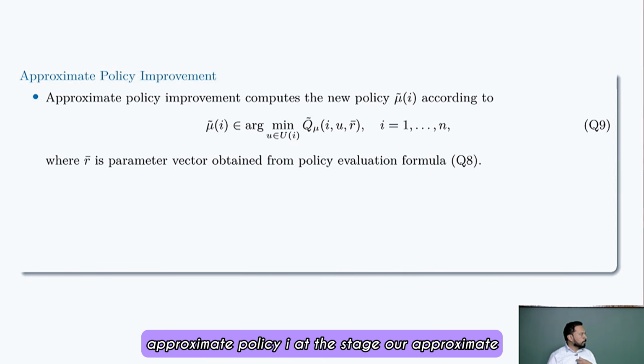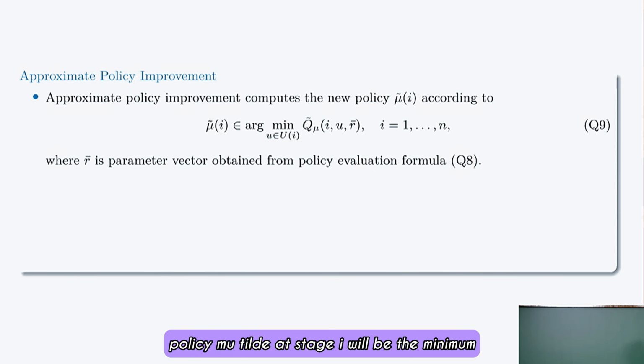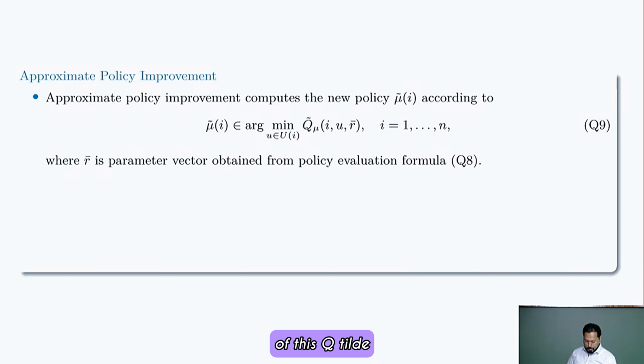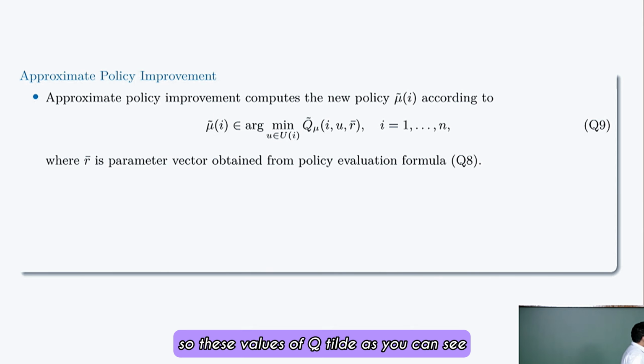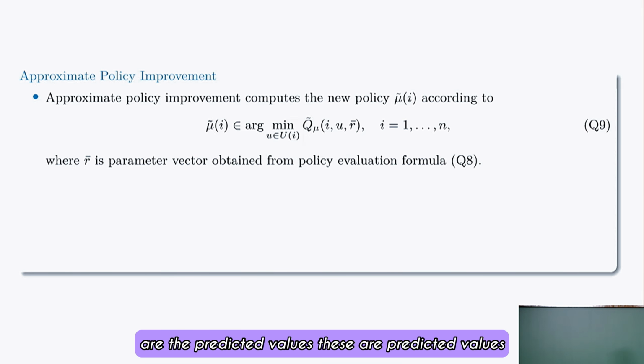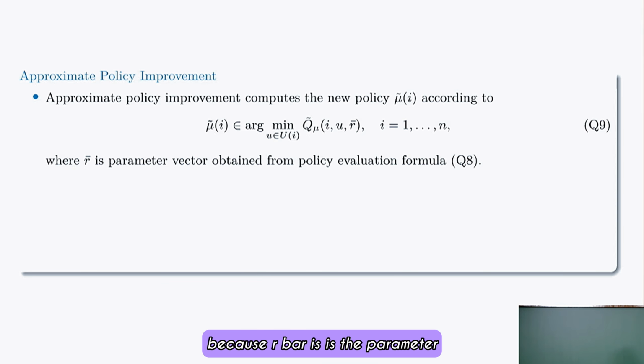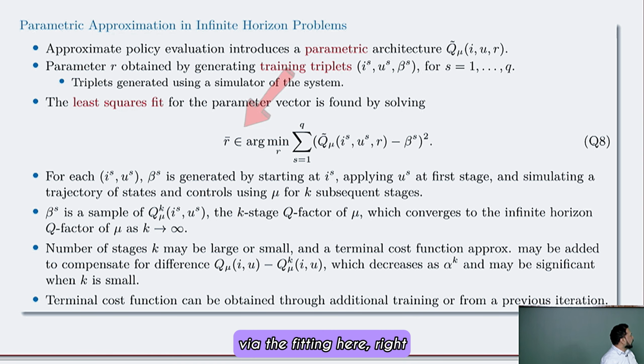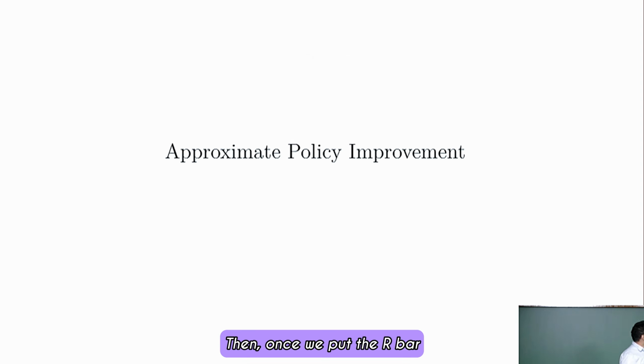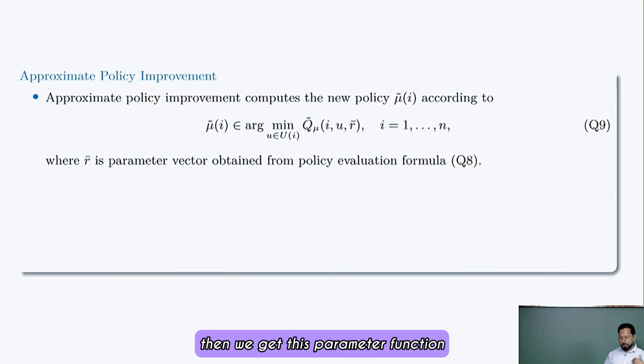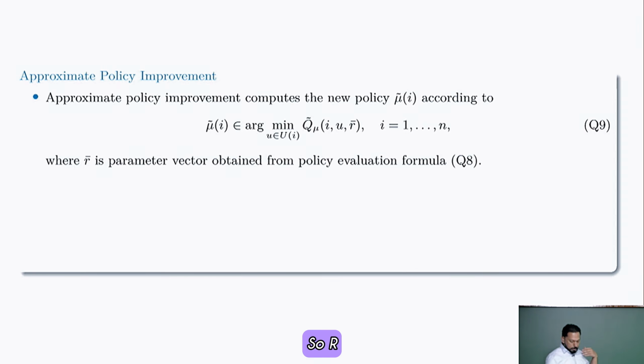So our approximate policy mu tilde at stage i will be the minimum of these q tilde. These values of q tilde are predicted values, because r bar is the parameter that we obtained via the fitting here, right? Let us assume that r bar is the one that minimizes this. Then once we put in r bar, we get this parametric function, and then we evaluate.